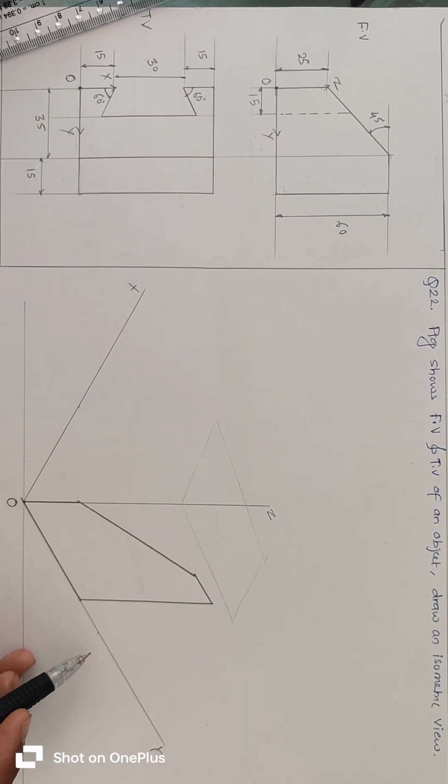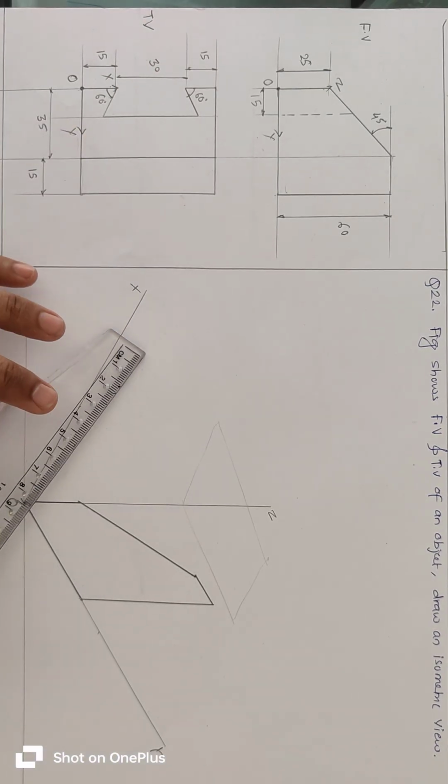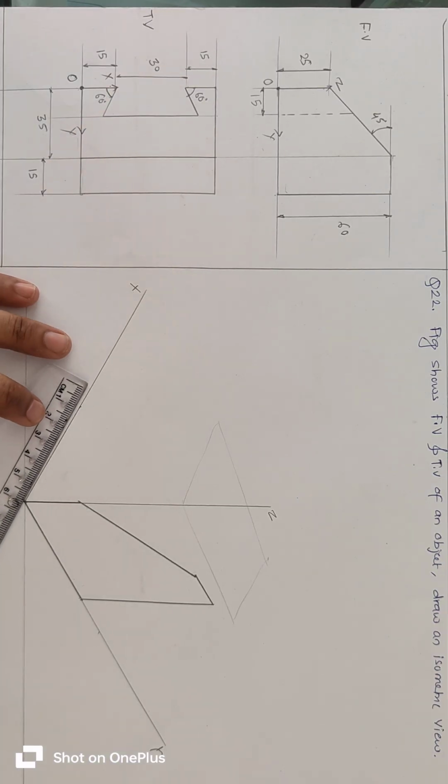Now along x-axis the distance is 15. So take points on 15, then 45, then 60.